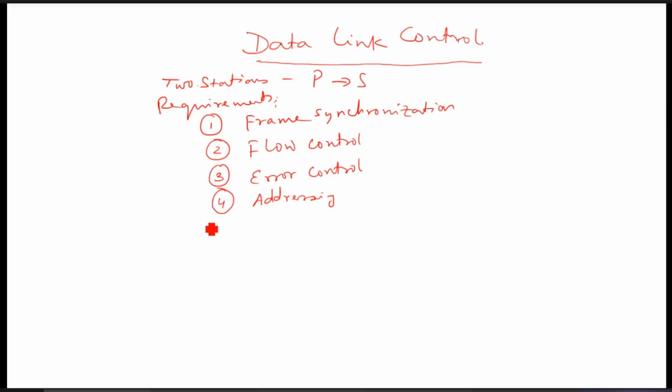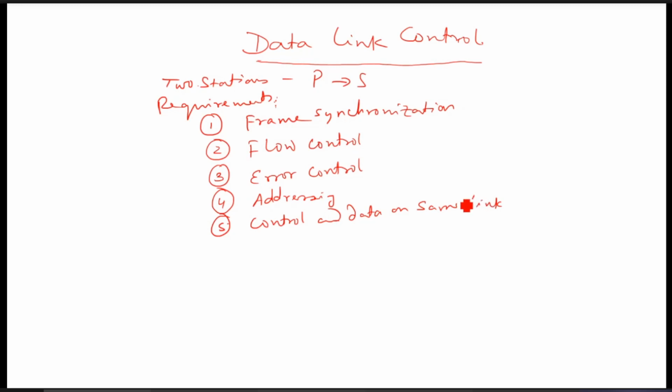Number five, control and data. They must use the same link. If different paths are used, there will be wastage of resources.